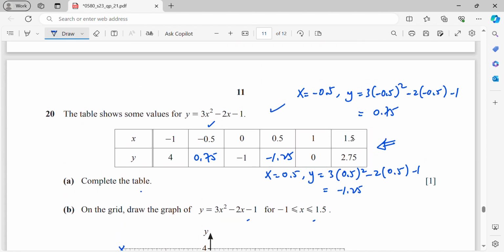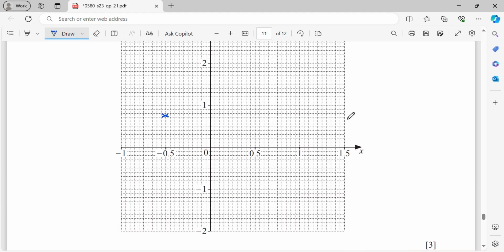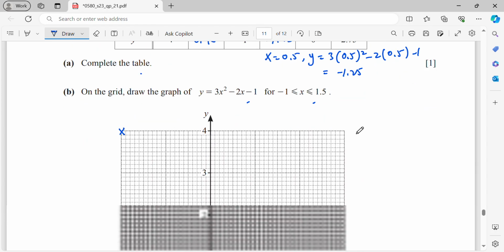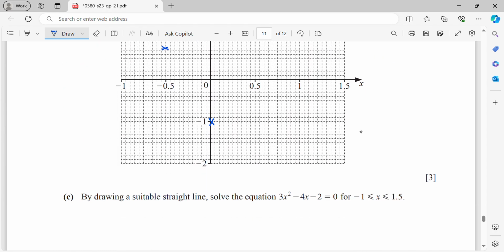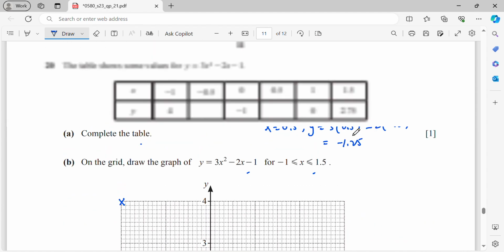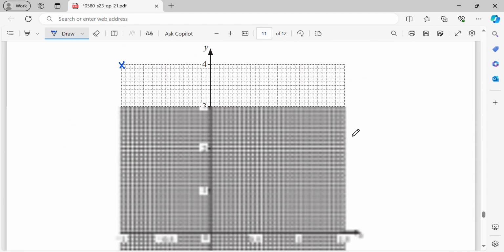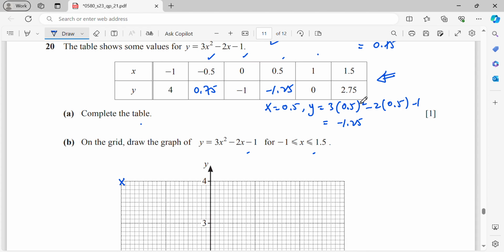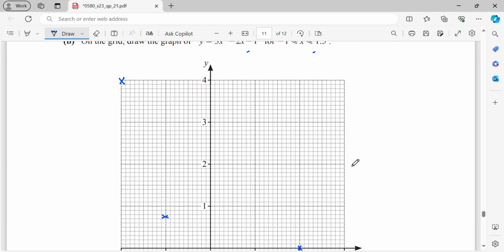Then the next point is 0, minus 1. So when x is 0, y is minus 1. And then followed by 0.5, negative 1.25. Here is 1.25. Then 1, 0. After that, 1.5, 2.75. So this is 2.75. Now join all these points.